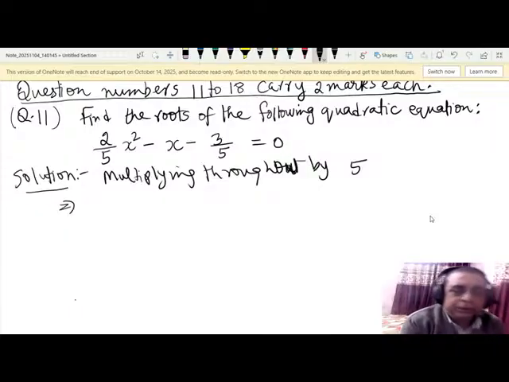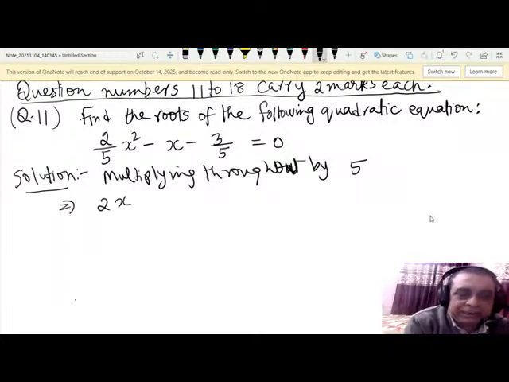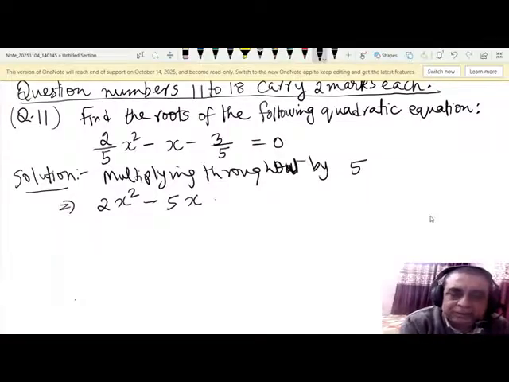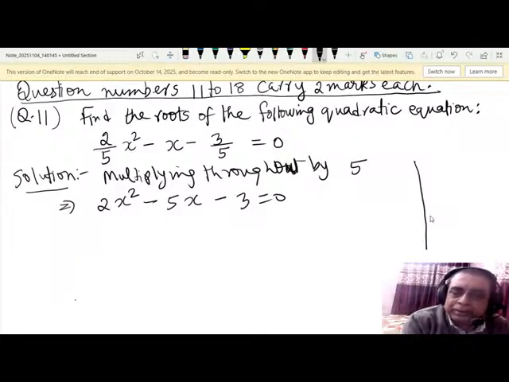Here 2/5 multiplied with 5 gives us 2x squared, minus x multiplied with 5 is minus 5x, and 3/5 multiplied with 5 gives us 3. So this is the quadratic equation where the denominator has been removed. Also 0 multiplied with 5 gives us 0.